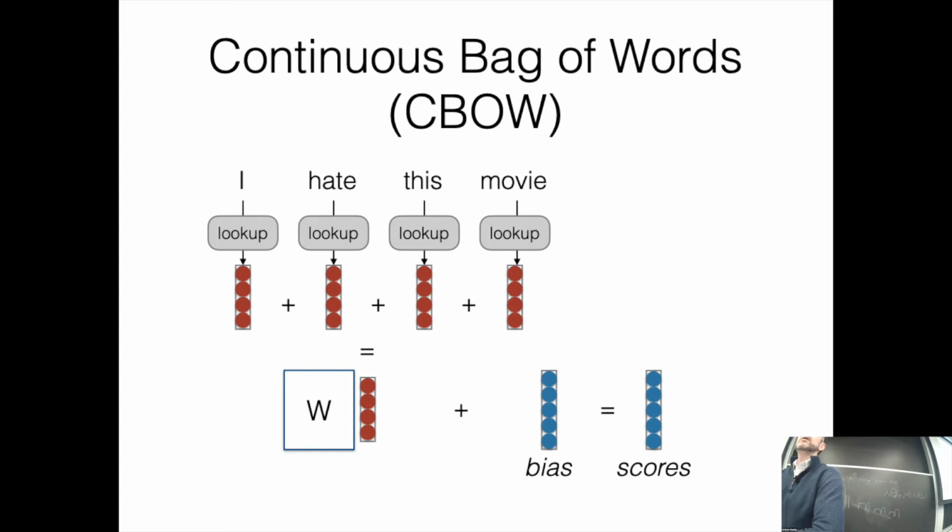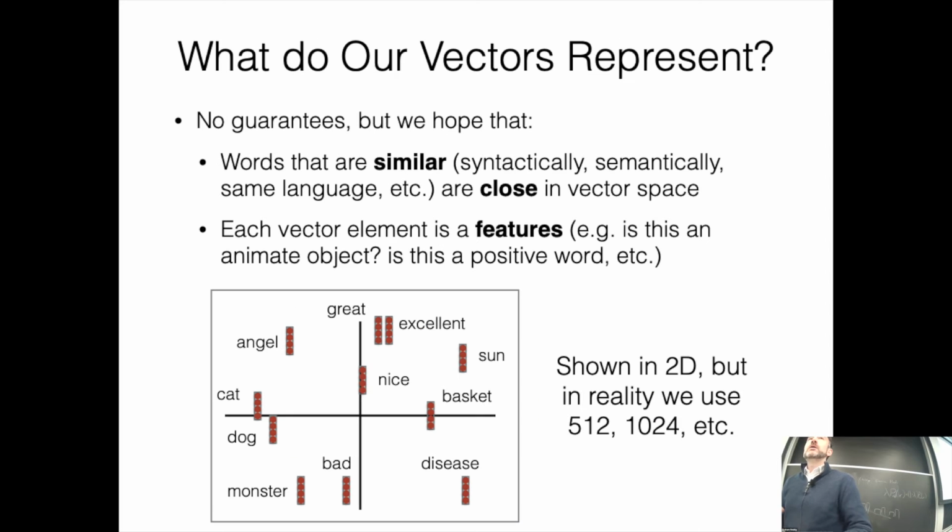So what this is saying is that instead of a single thing representing which vocabulary item you're looking at, you would hope to get vectors where words that are similar by some concept of similar, like syntax, semantics, or whether they're in the same language or not, are close in the vector space. And each vector element is a feature. For example, one element might correspond to whether this is an animate object, or whether this is a positive word, or other things like that.